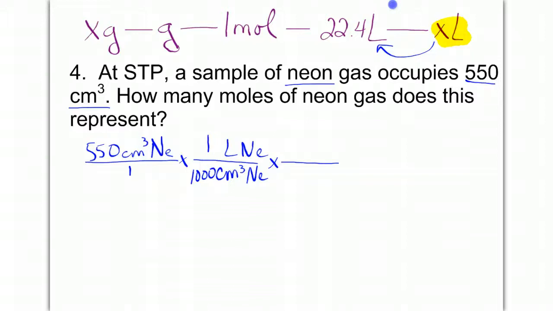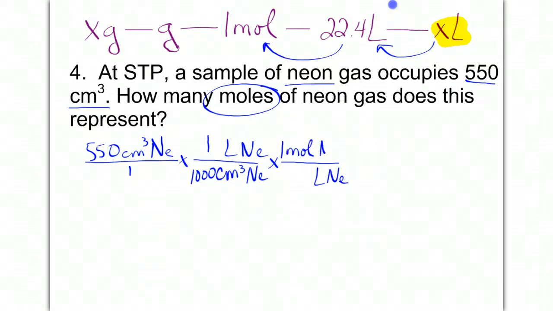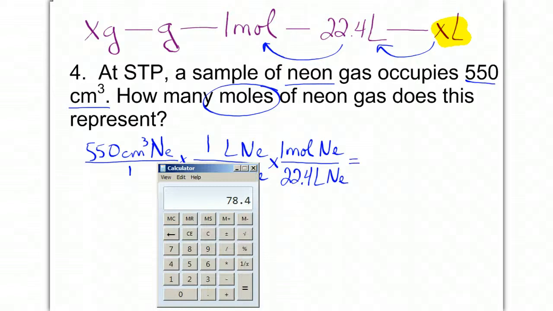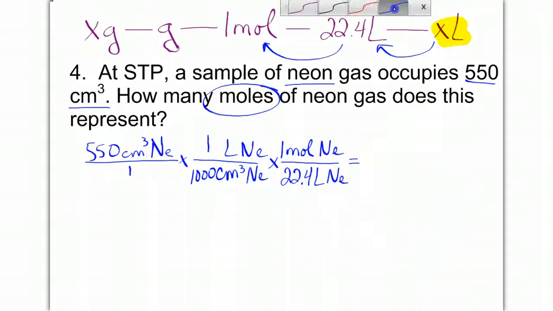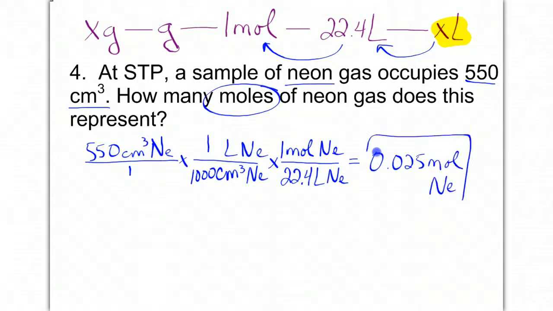Now we need to know where we're supposed to stop. It says how many moles. So we still have to go another step, bring down liters of neon, and now I'll go from liters to mole. 22.4 liters is equal to 1 mole. And now we're finished. We can calculate our answer. 550 divided by 1,000 divided by 22.4 gets me 0.025 moles of neon.